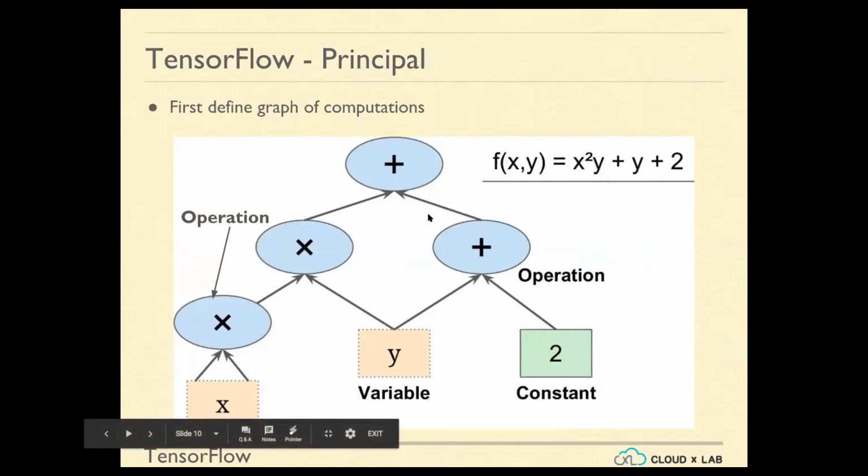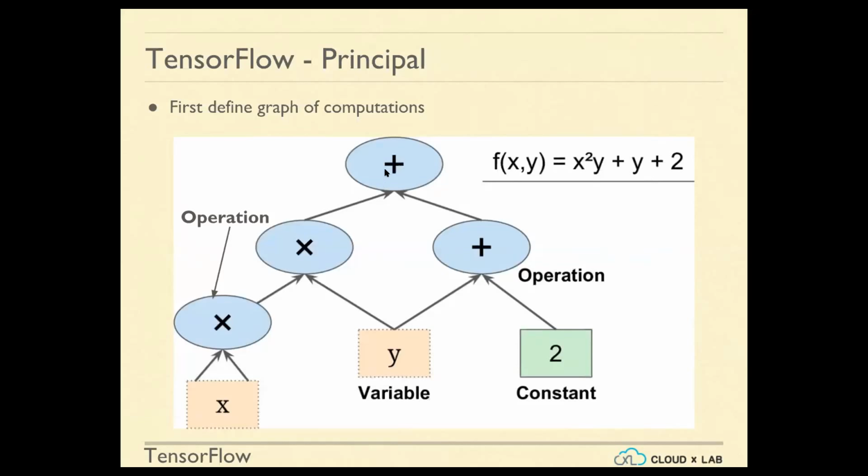So here this expression is represented like this. We have y plus 2, right? This value is essentially y plus 2, and then this side is x square, and x square into y is this value, and this value is x square into y plus y plus 2. Okay.